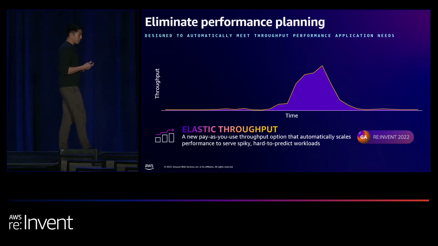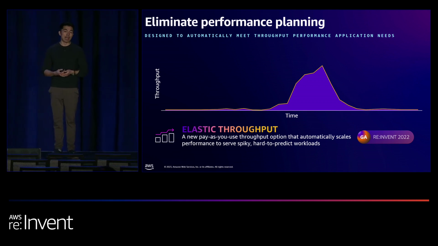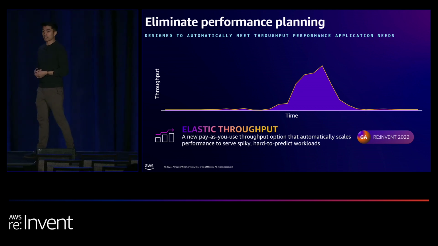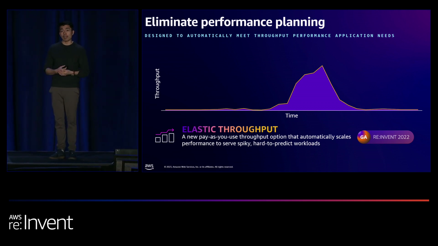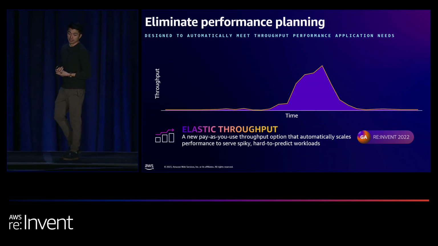And what that specifically helps with is we hear a lot of builders don't know how much performance they need from their shared file storage. It's actually a pretty tricky question even for storage experts. So with Elastic Throughput, you don't need to know that number up front, and it will automatically scale so that you're always extracting as much performance as you need to support your use cases and workloads.